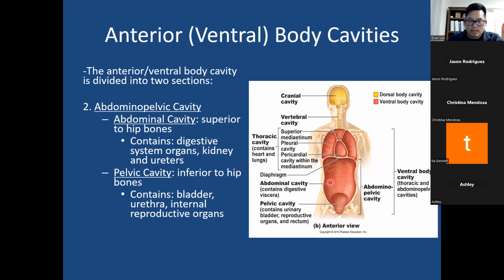This is where you'll have your stomach, your intestines, your liver. But then going all the way down into the pelvic region within your hips, this is where you have the pelvic cavity, where depending on your sex, it will have various reproductive organs, but also the bladder, the urethra, and the end of the digestive system.